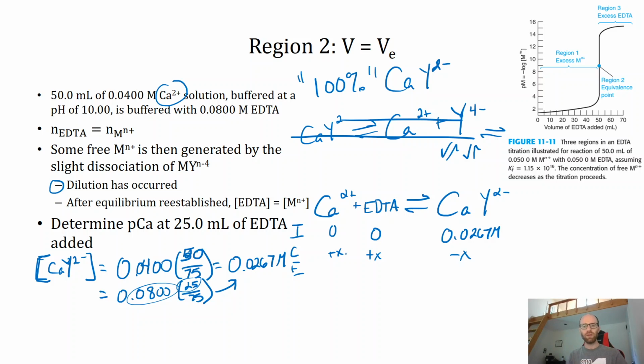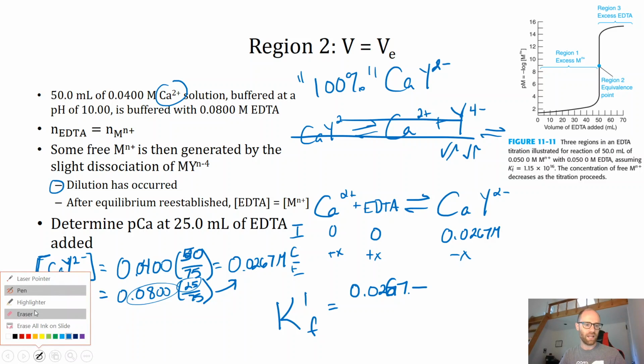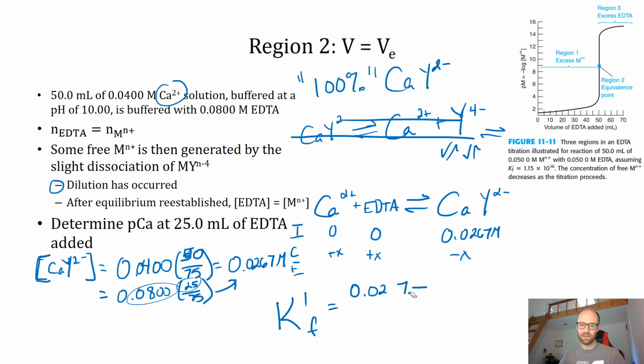And lo and behold, we're actually going to see the same exact math we did before, where K prime F is going to be equal to F minus X over X squared.